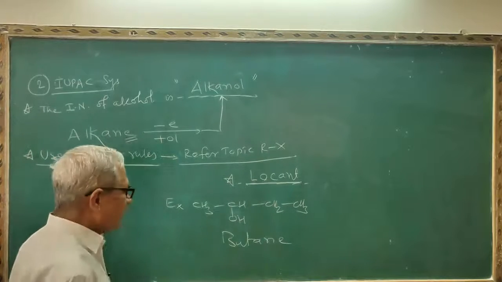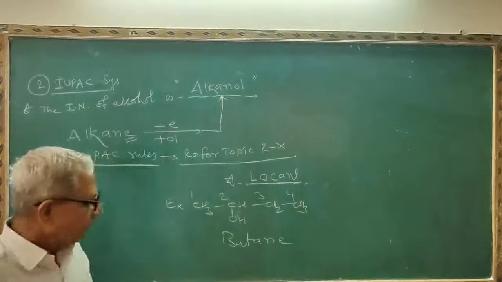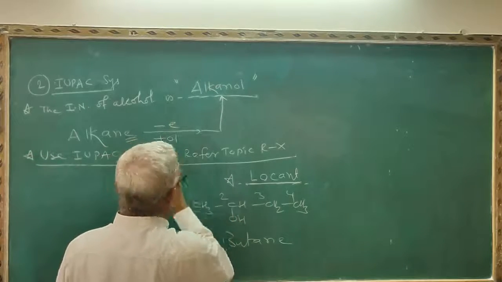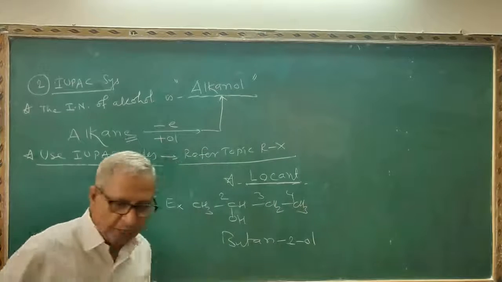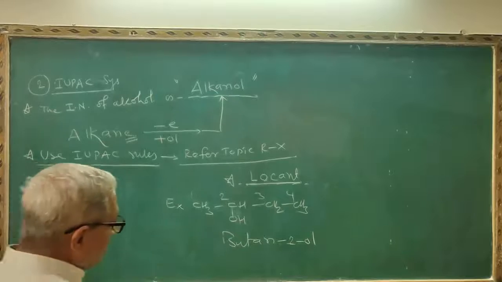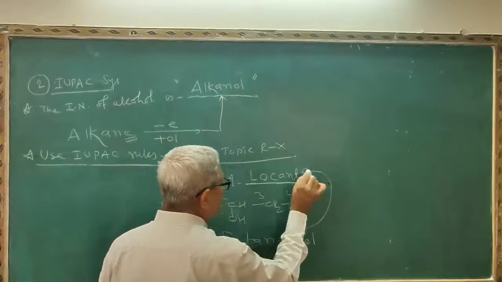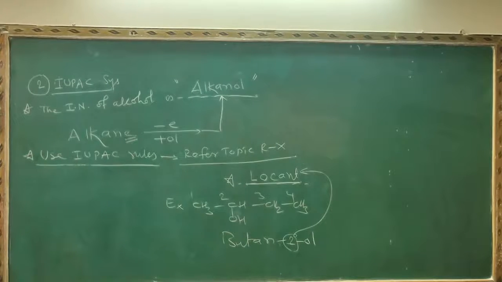So which one is correct here? Left hand side. 1, 2, 3, 4. Then third rule, the suffix E is replaced or substituted by OL. This is the IUPAC name here: butan-2-ol. This 2 is nothing but the locant. Locant indicates the position of the OH group in the longest chain.